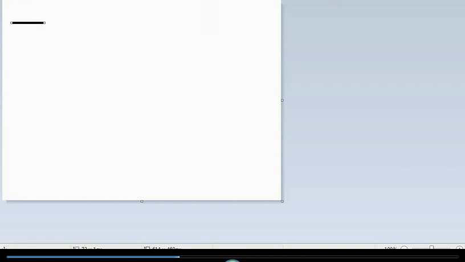Let the survey line be denoted as AB, capital A B. So consider a survey line AB. Starting point of the line is A, end point of the line is B.